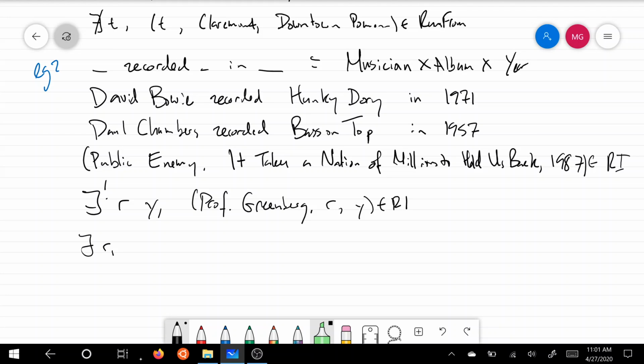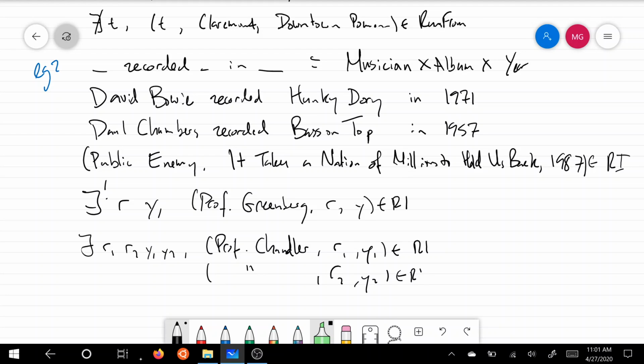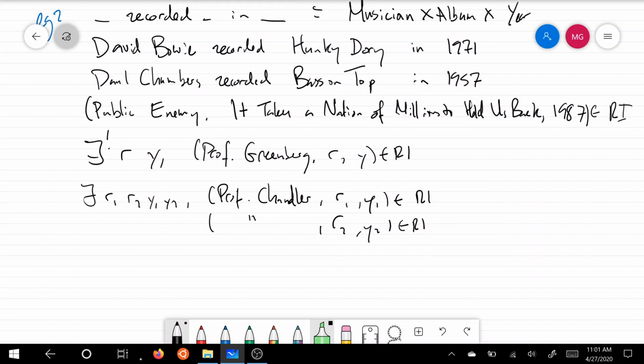Okay, there exists R1, R2, Y1, Y2 such that Prof. Chandler, some of you may know him in the math department, R1, Y1 is in RI, and then also R2, Y2 is in RI, and then just to be clear, R1 does not equal R2, Y1 does not equal Y2. Okay, so these are logical facts that we could say about this RI relation that also both happen to be true if you're into that sort of thing.